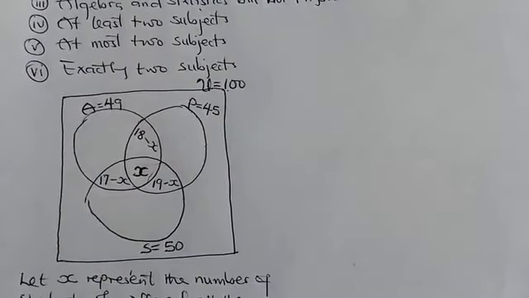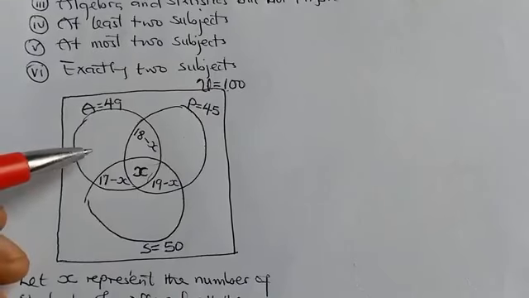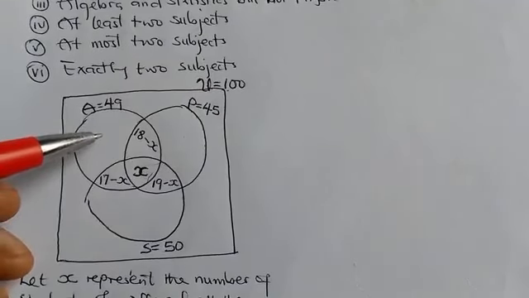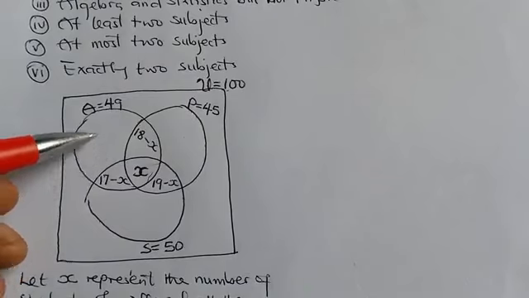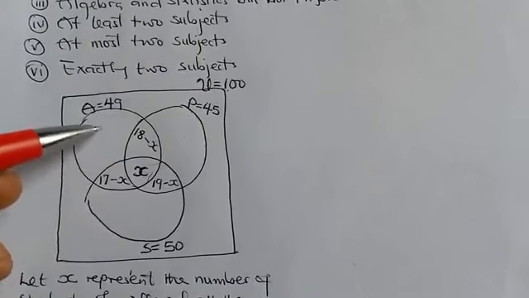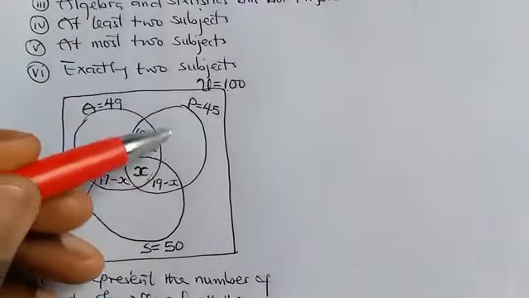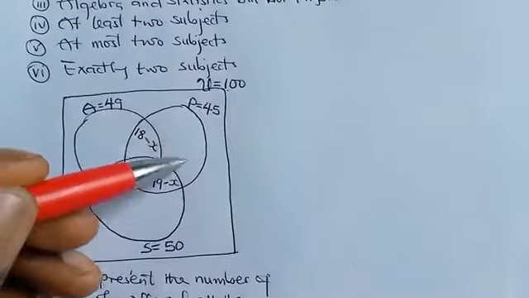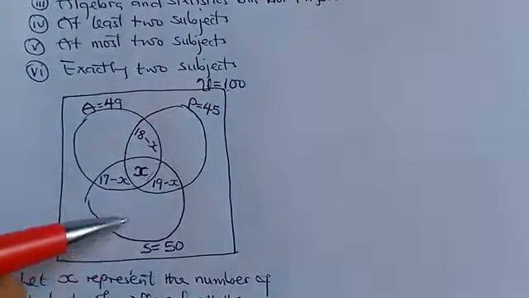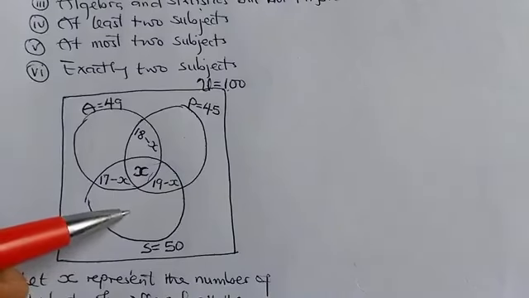What's left for us is to solve for those that offer algebra only, because the space that is left here shows students that offer algebra only. The space that is left here, students that offer physics only, while the space that is empty here represents students that offer statistics only.